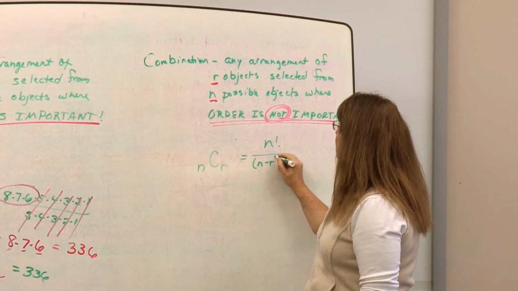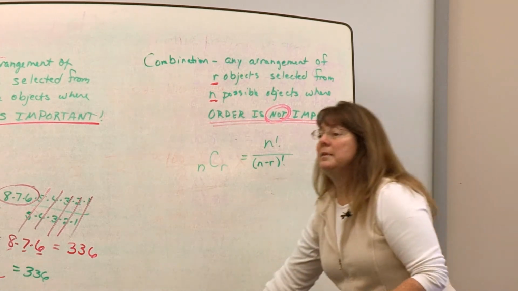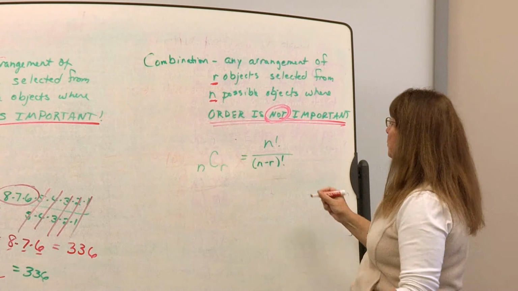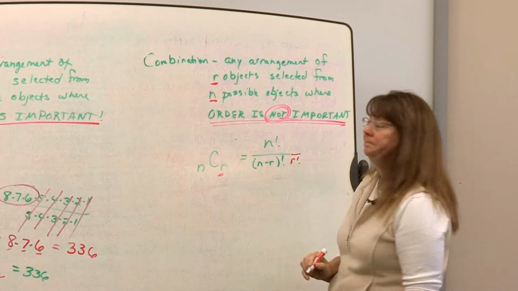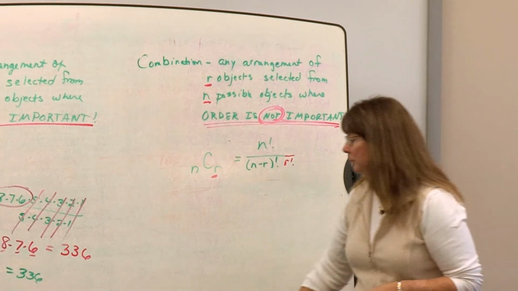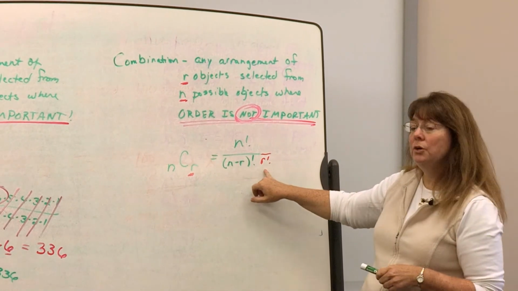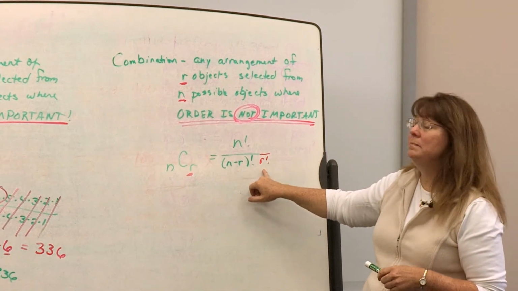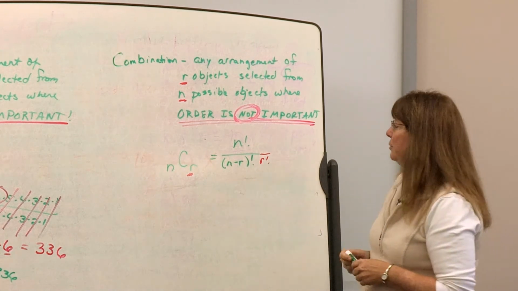You have the n minus r factorial, just like before. You have one new item that's different. This is the only thing that's different between them, that you now have an r factorial on the bottom that you didn't have before. That's going to end up dividing your number, so you're not going to have as many options because you'll be dividing it by another value.